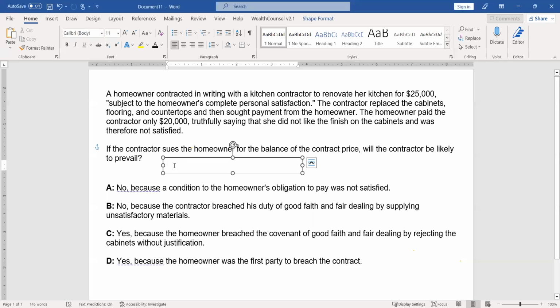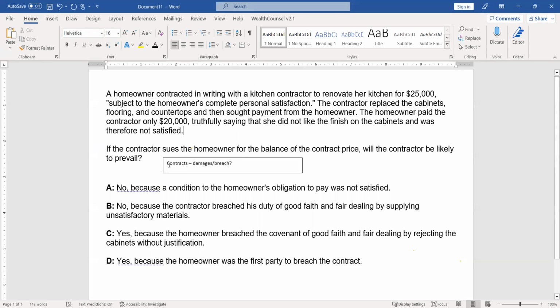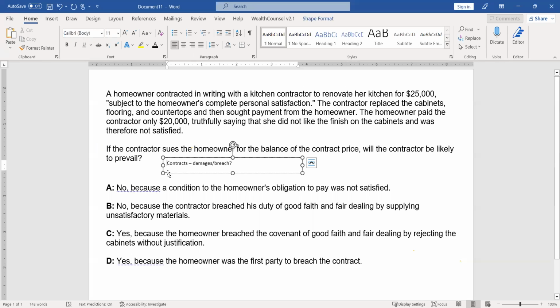So what you want to do is make note that it's a contracts question, and you would be thinking of damages, breach. At this point, you don't know exactly what yet, but that's probably a pretty good guess for you to take with you up to the fact pattern.